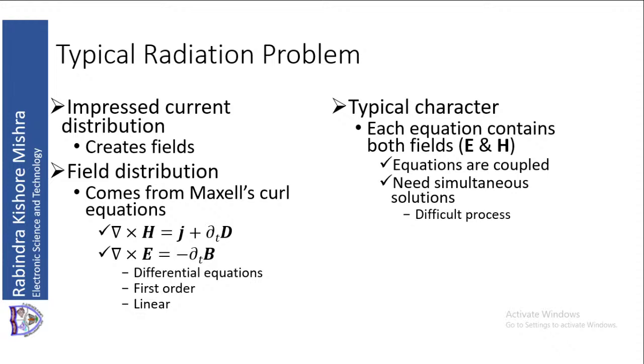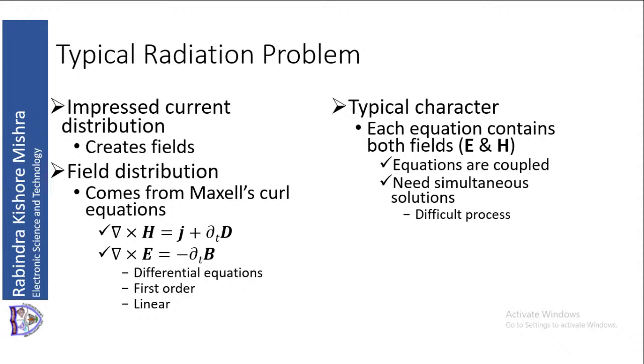Since both equations contain E and H, these two equations are coupled to each other. They are not the same equation. They are two different equations containing two different quantities. Therefore, both the equations are coupled. If they are coupled to each other, and we are going to solve these differential equations, then we need to solve them simultaneously.